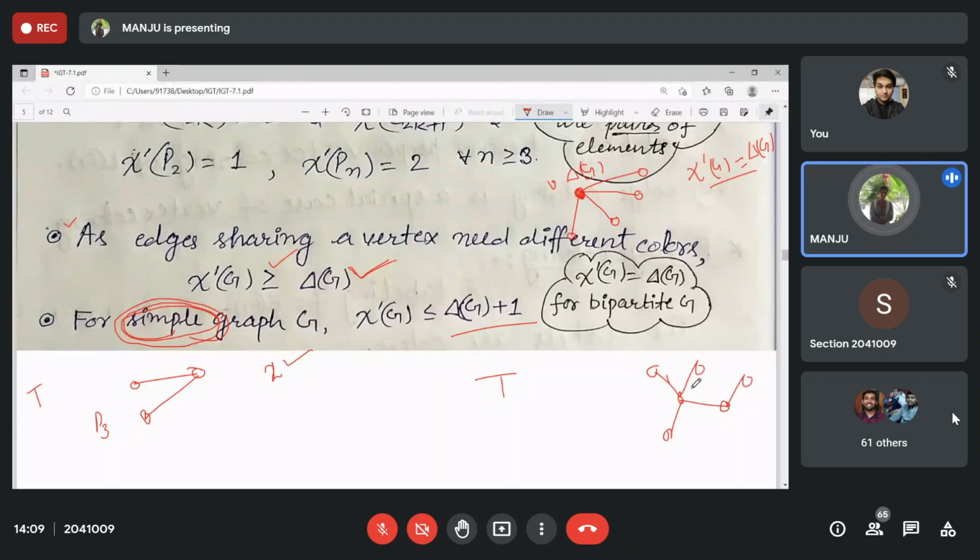So color numbers 1, 2, 3, 4, and the remaining edge can be colored by any of these, say 1, 2, or 4, right? So you can reuse a color. So here again it is equal to delta G. The chromatic index will be equal to delta G. Clear?